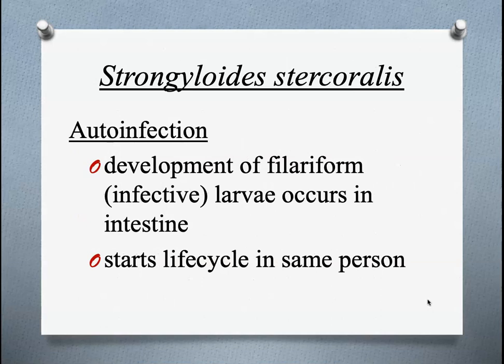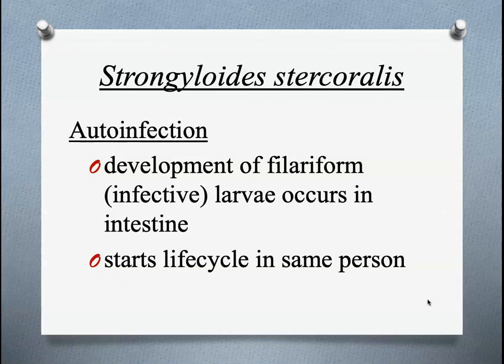And then the autoinfection. When else did we talk about autoinfection? Do you remember? It was with the pinworm, where the same patient ingests the eggs that were shed in their perianal region. So sort of like that, where the patient is infecting themselves over and over again. This is when filariform larvae develop inside the intestines from the rhabditiform larva.